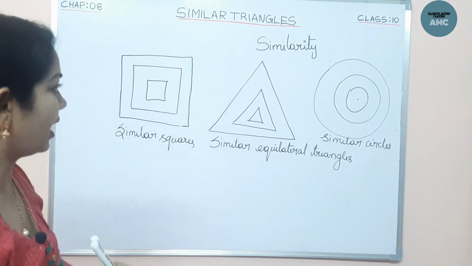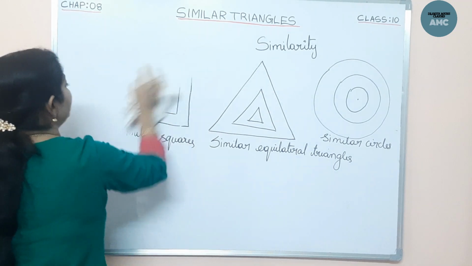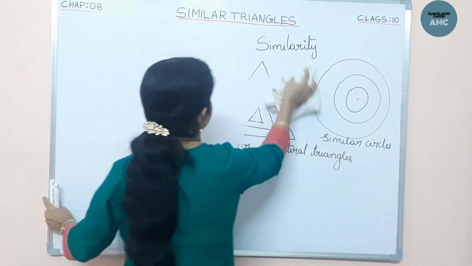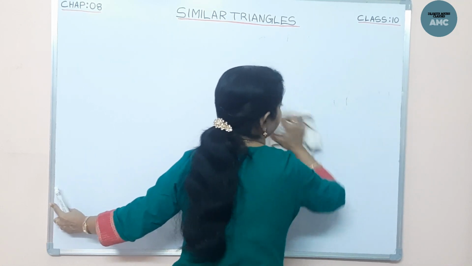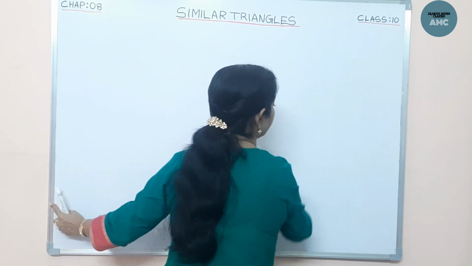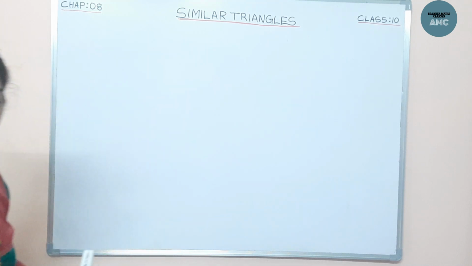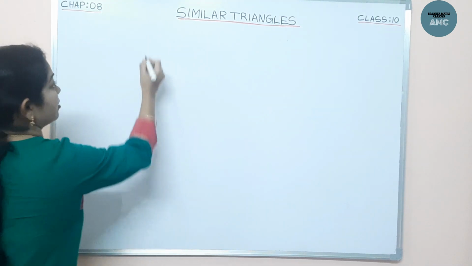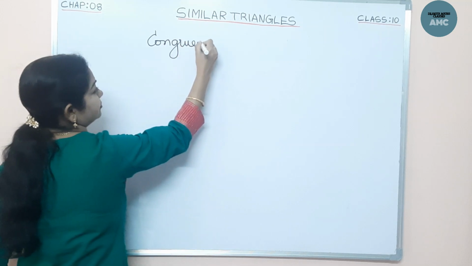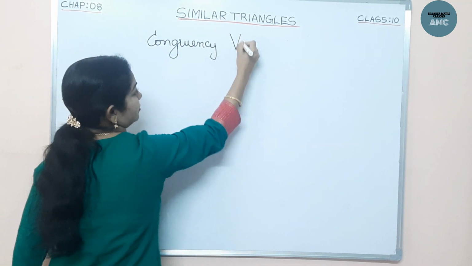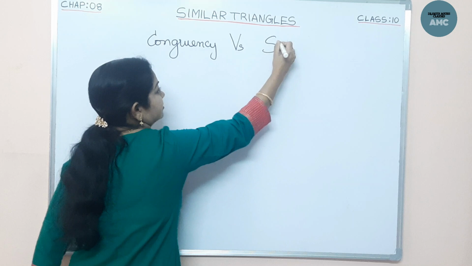Now I'll tell you a few examples of similarity versus congruency so that you'll understand the concept. When we compare the concepts, you can get what is similarity, right? Now, congruency versus similarity.